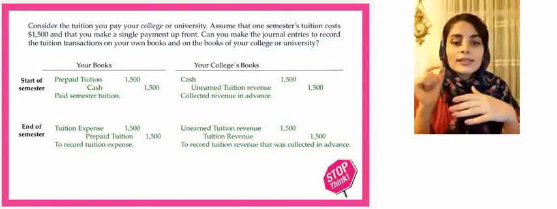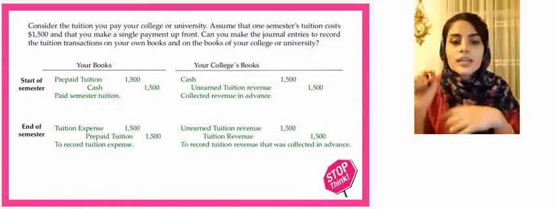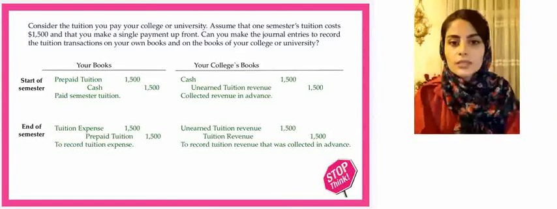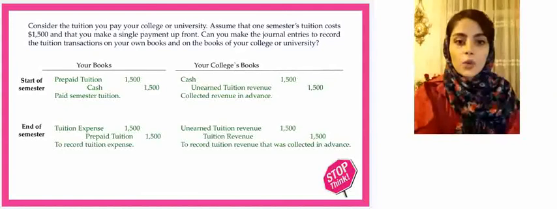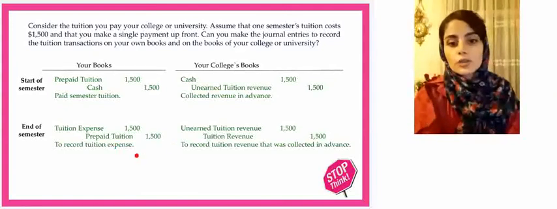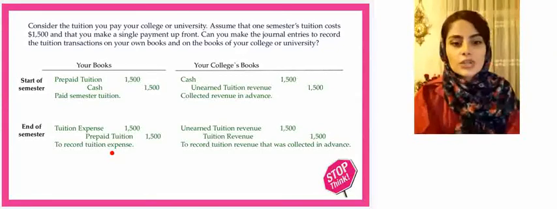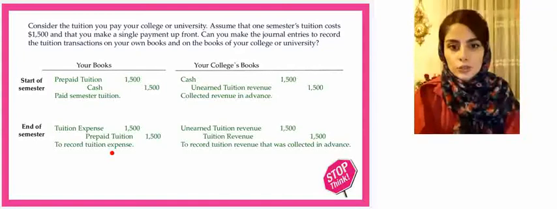At the start of the semester, the entry is prepaid tuition and cash for $1,500. And at the end of the semester, you can see another entry, which is tuition expense and prepaid tuition. Pay attention to this part.